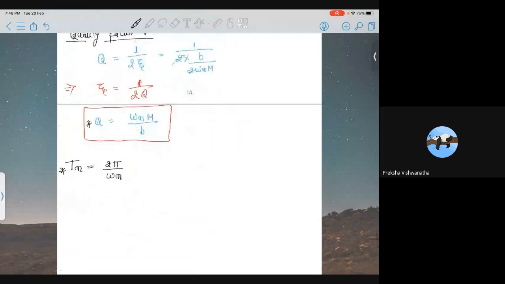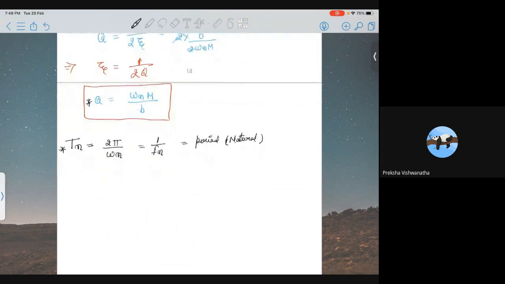Or we can write it as 1 by fn, which is the period for natural oscillation.